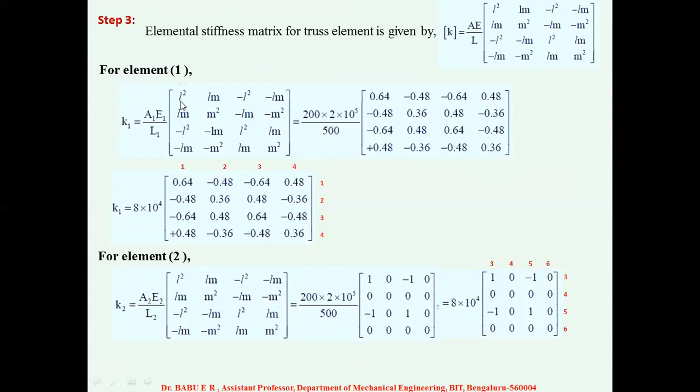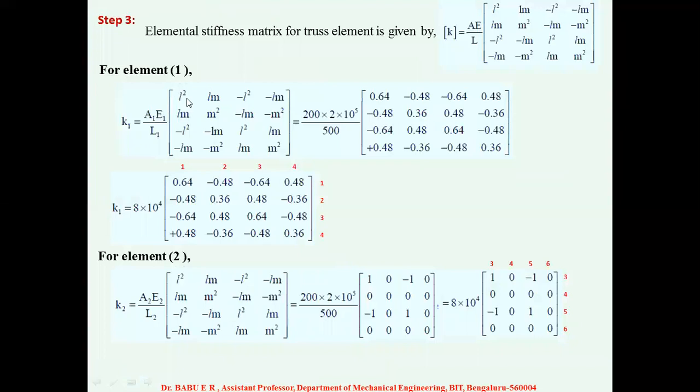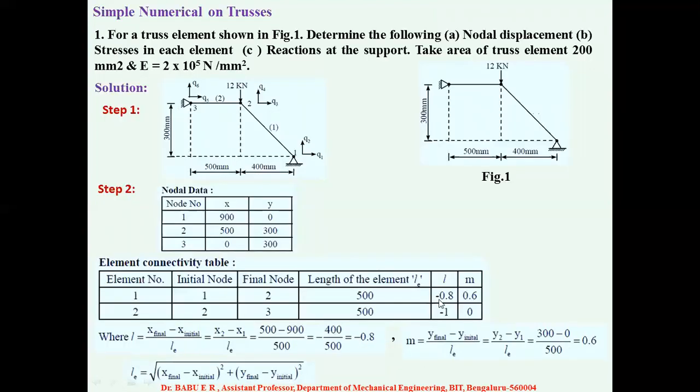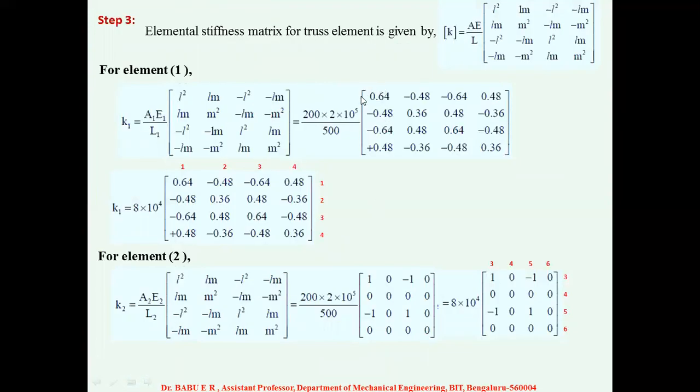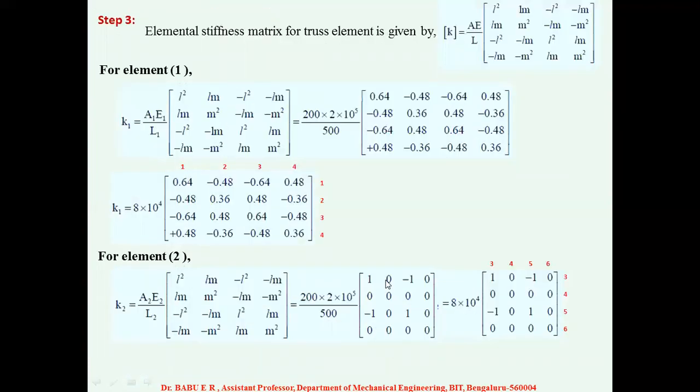You know the values of L and M. L is minus 0.8, M is 0.6. So you square L: minus 0.8 square is 0.64. Again L into M, minus 0.8 into 0.6, you will get minus 0.48. Similarly, minus L square gives minus 0.64, and minus Lm gives 0.48. So the first two terms will be repeated with the opposite sign.